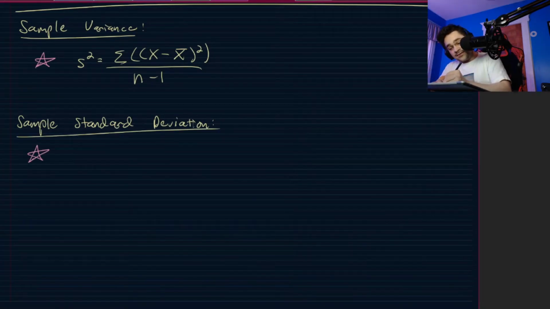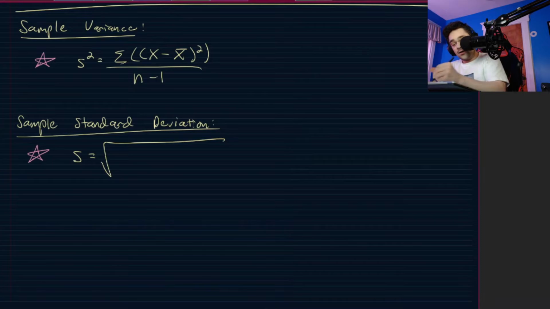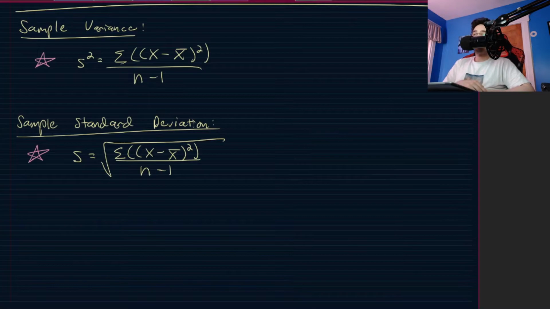Well, it's just s, and what's s? It's the square root of s squared. So it ends up being the square root of whatever we've got here on the right side. Sum of all the x's minus x bar squared all over n minus 1. And this is how to find the standard deviation of a sample.